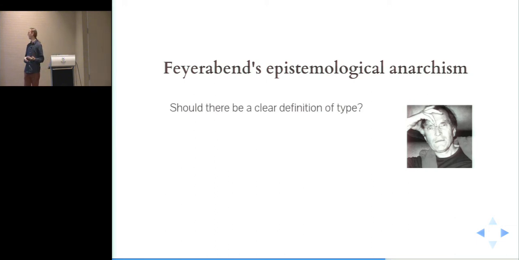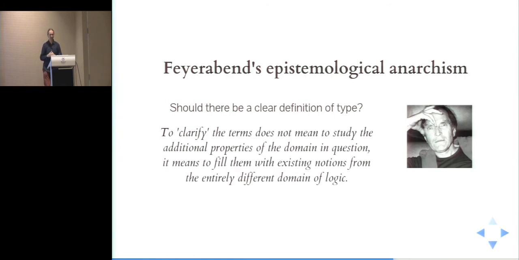So should there be one clear definition of types? And this is a nice quote from Paul Feyerabend, who says, "To clarify the terms does not mean to study the additional properties of the domain in question. It means to fill them with existing notions from an entirely different domain of logic."